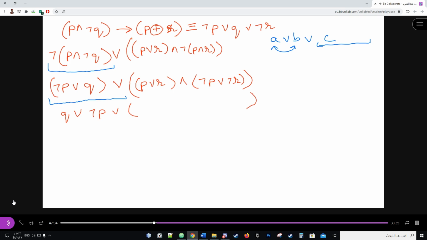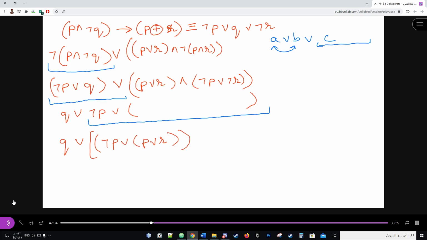So I bring the P together, and I apply P on that using the distributive operator. Q stays as it is. So I get not P or R as my first term and not P or not P or not R as the second term.